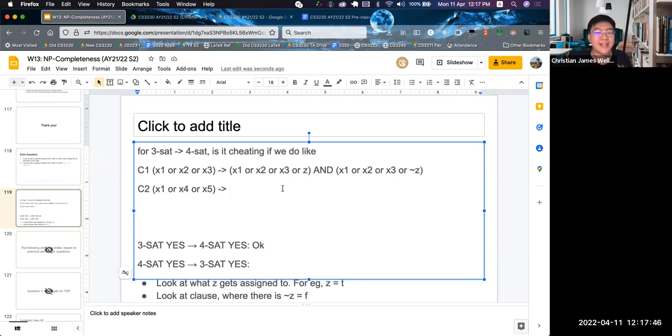So I just want you to take note of this for completeness' sake, because it's a bit vague if I just describe it as z like this. In some reductions, it might matter whether they are the same z or not. So I just want to complete the proof by saying that for all the clauses, all you need to do is introduce a single new variable, regardless of how many clauses there are, then do this process for z and do the same thing.